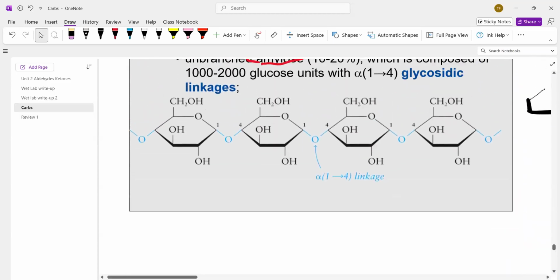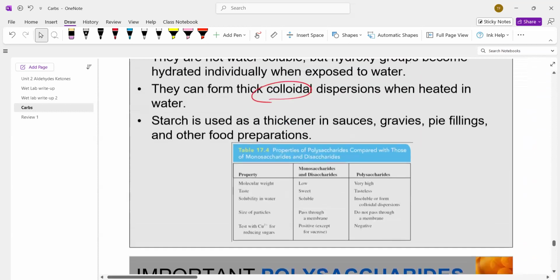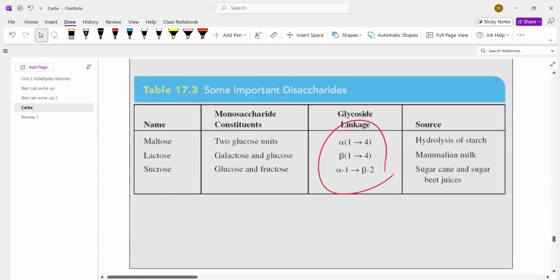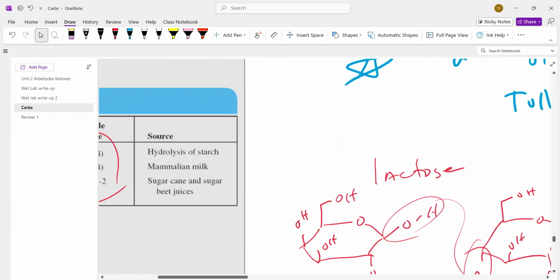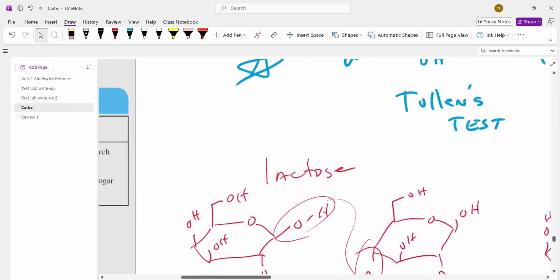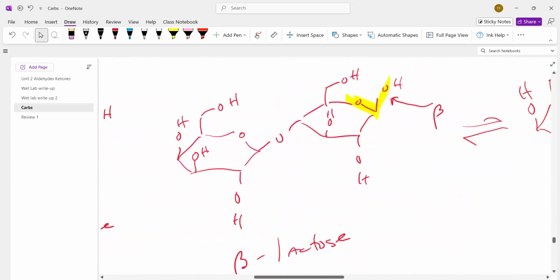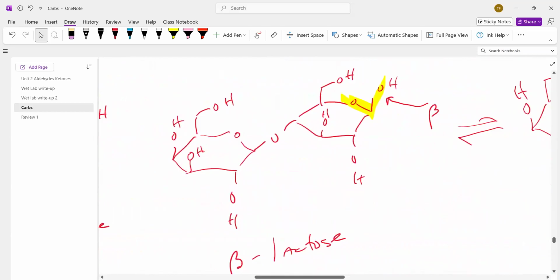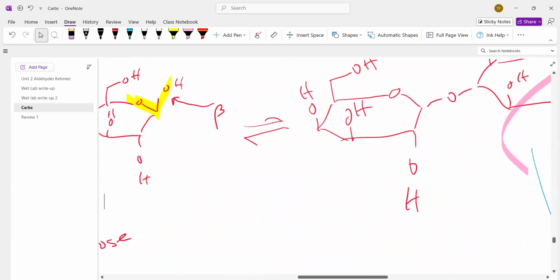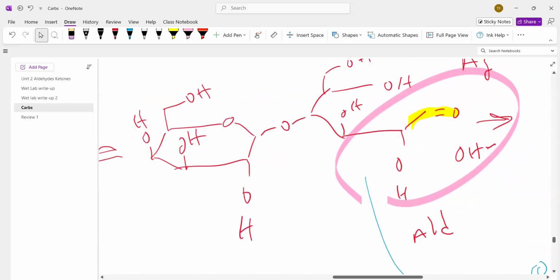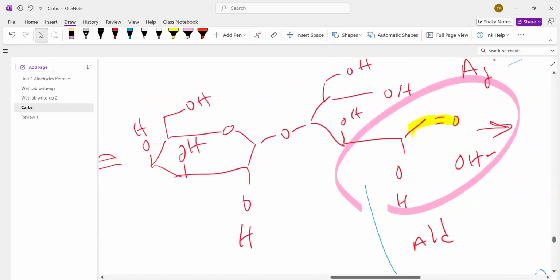So I want you to focus on, going back up here, a hemiacetal produces an aldehyde when that ring opens up. So now we have an aldehyde reaction.